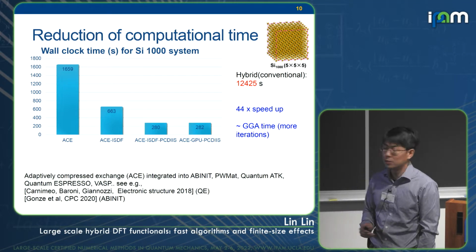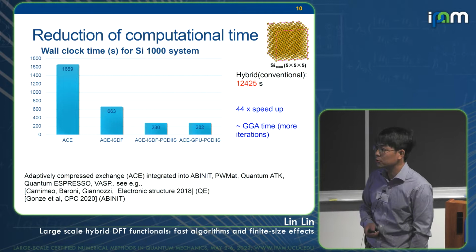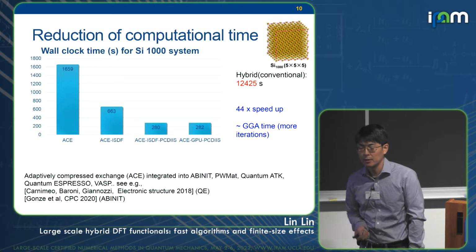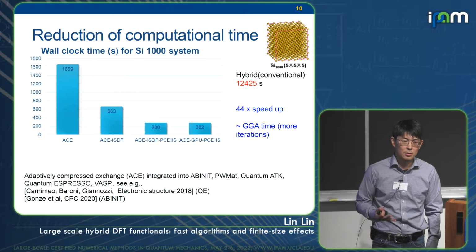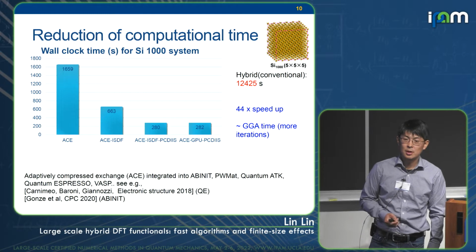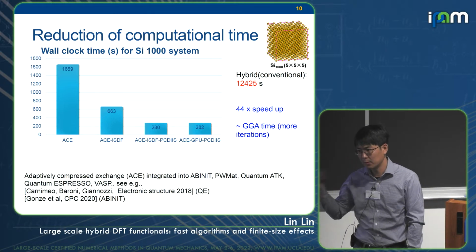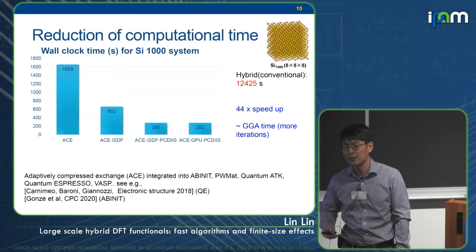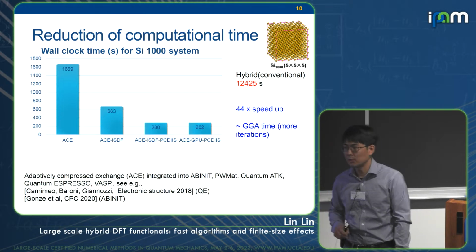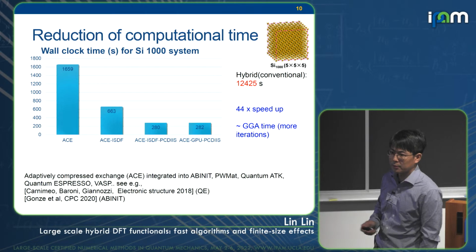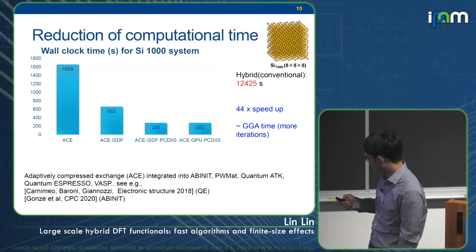What it means is pretty much the time is close to the GGA cost. Remember, as I said, it used to cost like 95% of the time, right? 95% sounds like a lot, but if you really think about that, that's like 20 times. So if you can really slash this factor of 20, you're pretty much there. And so this is from the algorithmic side.